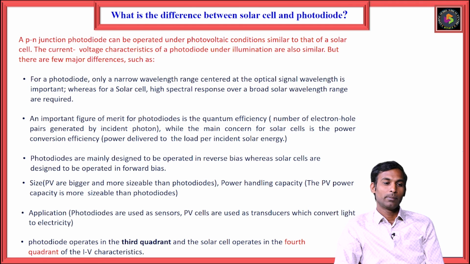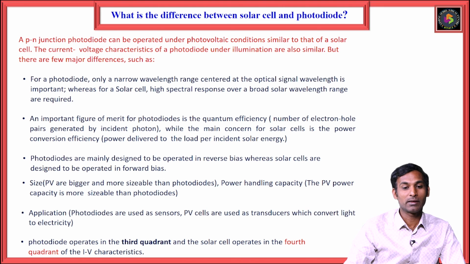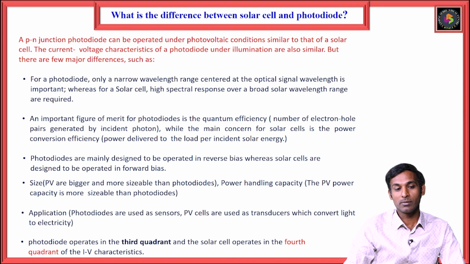A PN junction photodiode can be operated under the photovoltaic condition similar to that of a solar cell. The current-voltage characteristics of a photodiode under illumination are also similar, but there are a few differences between the solar cell and the photodiode.